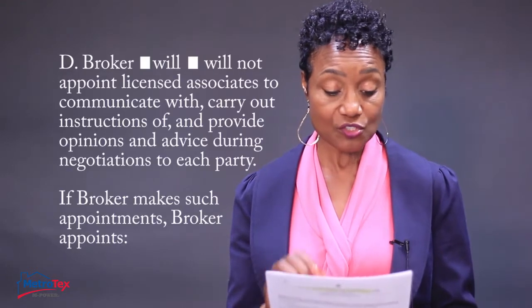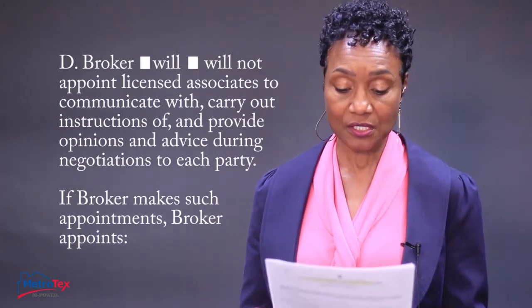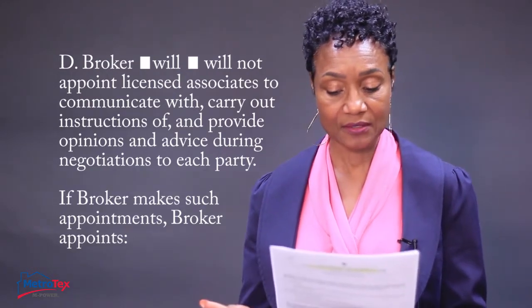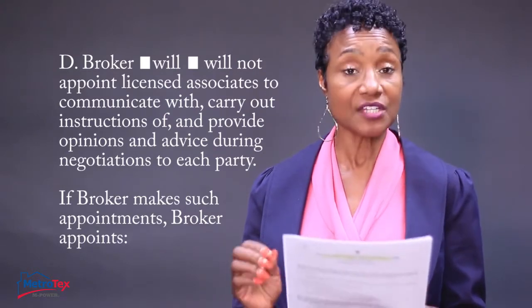Once we get to the contract stage, and now that buyer has agreed to purchase a home listed by your firm or by you, now we will use this form because we are in an intermediary situation. The most important thing I want you to understand on this form is paragraph D, where it says the broker will or the broker will not appoint licensed associate to communicate with, carry out instructions of, and provide opinions and advice during negotiations to each party.